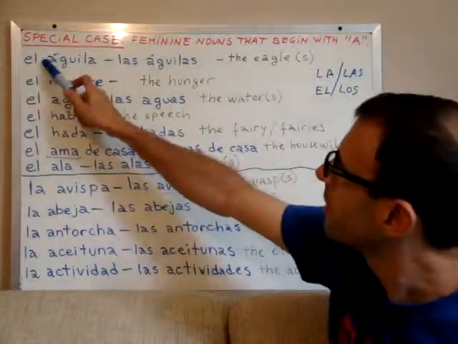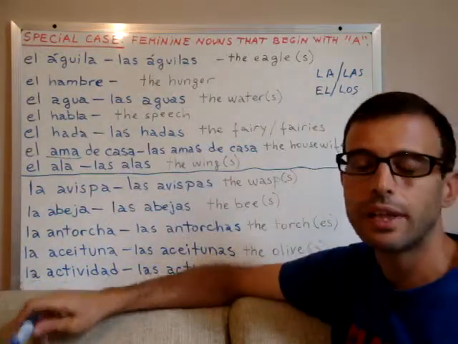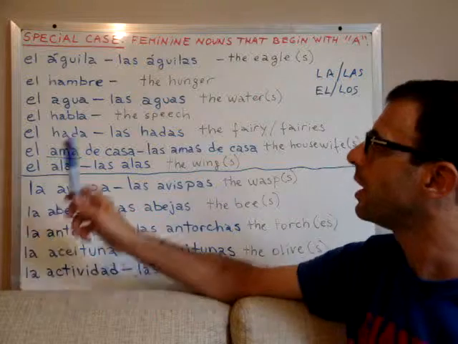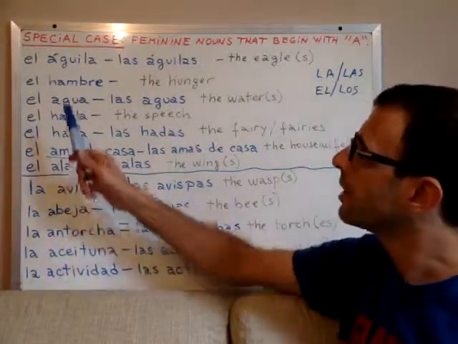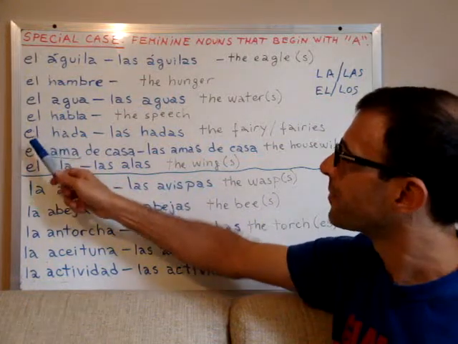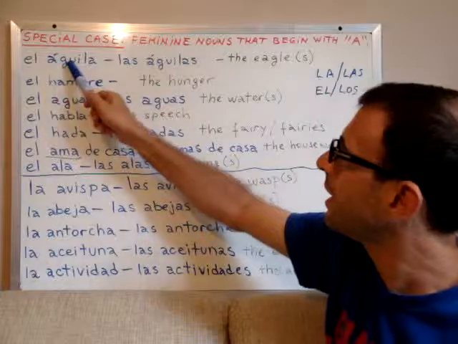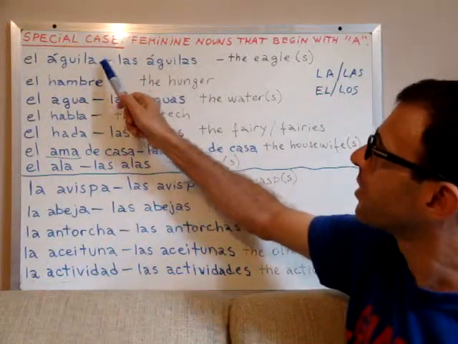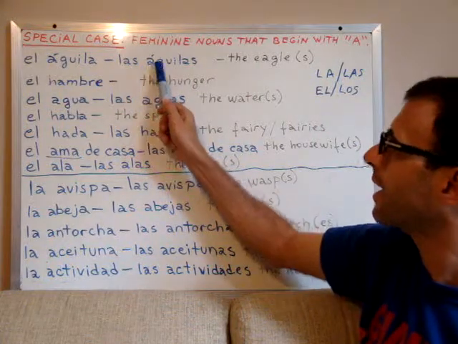This also goes for the indeterminate article. For an eagle, we would say, sorry, un águila and unas águilas.